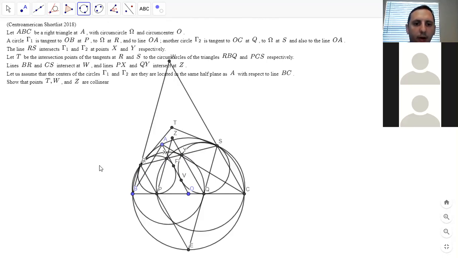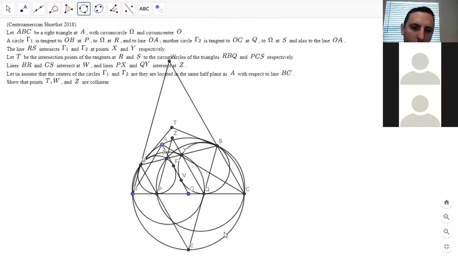So, okay, now for W. W has the same power with respect to these two circles. Okay.